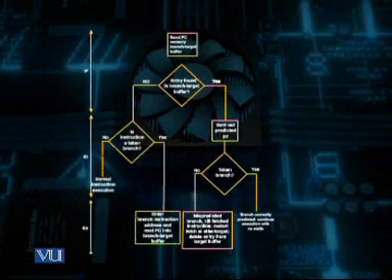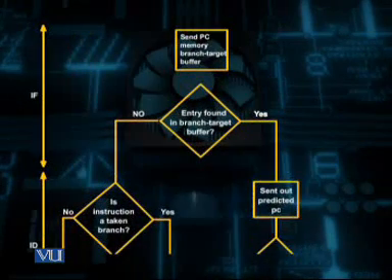The steps involved in using the branch target buffer at the instruction fetch, instruction decode, and execution stages are shown here with the help of this flowchart. Here you can see that in the instruction fetch stage, the program counter of an instruction is compared with the contents of the buffer.